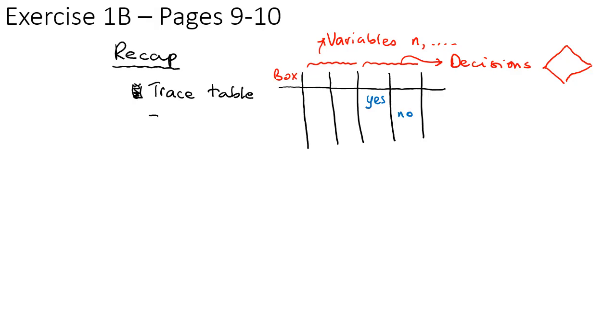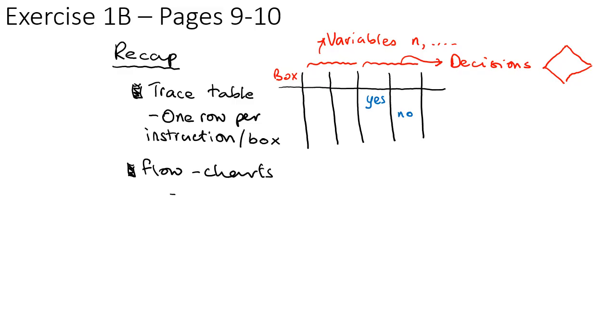Remember, we just want 1 row per instruction. Don't try and squash them all onto 1 row. So 1 row per instruction or box. And with our flowcharts, just remember these symbols here. You might be asked what these mean.